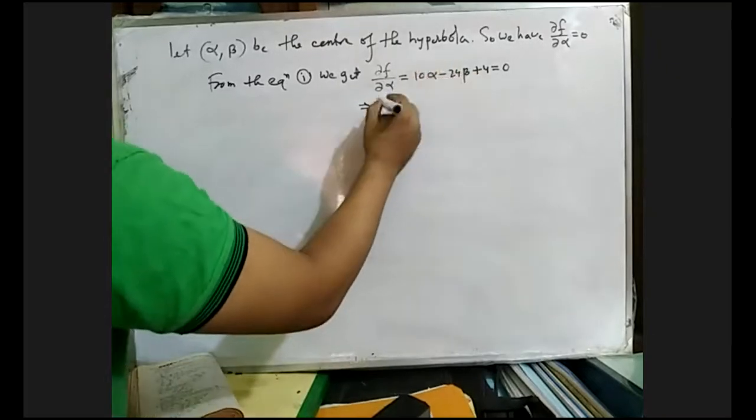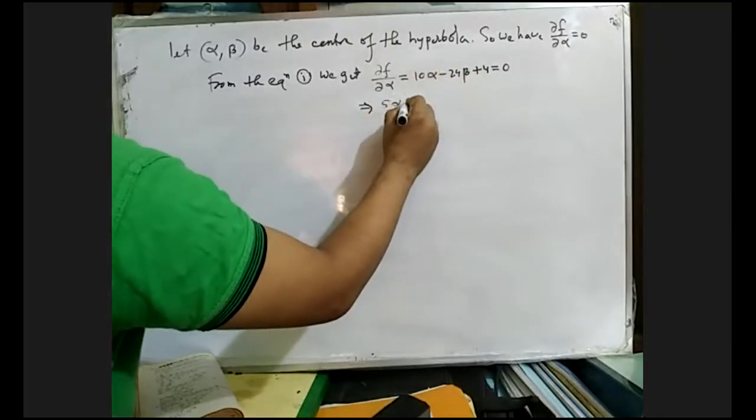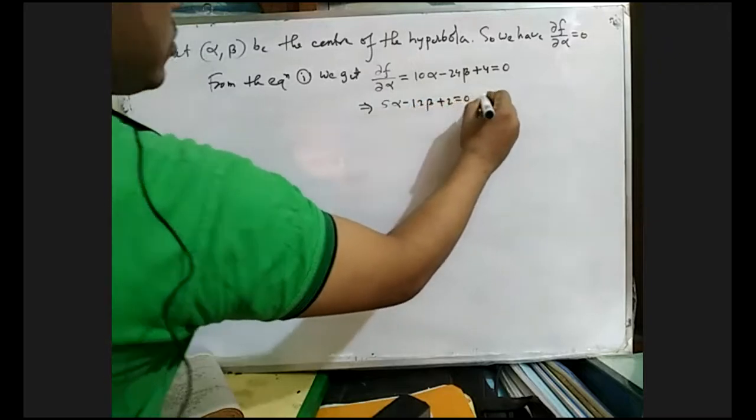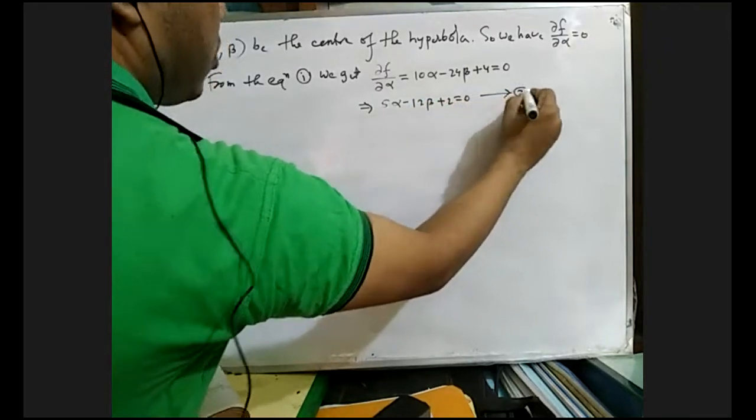Dividing by 2 on both sides, 5 alpha minus 12 beta plus 2 equals 0. This is equation number 2.